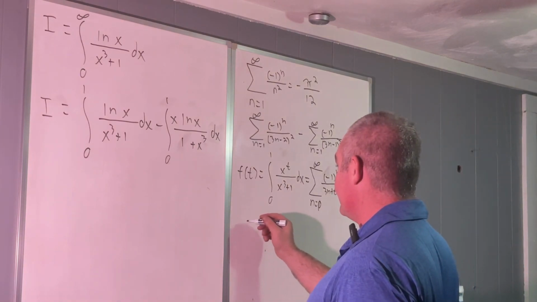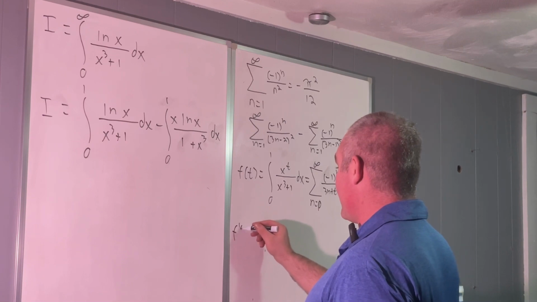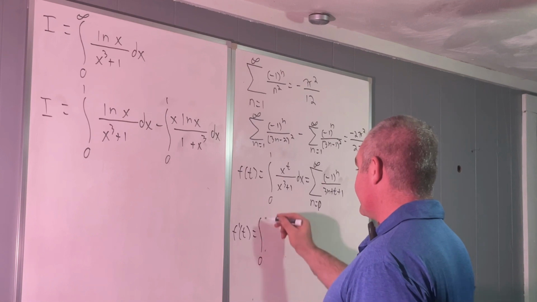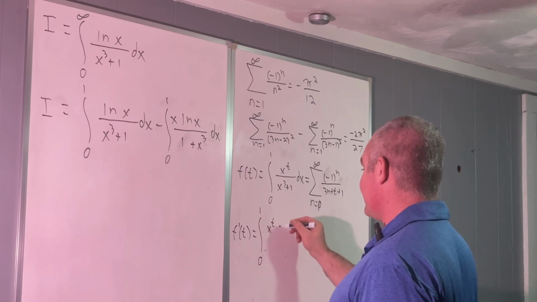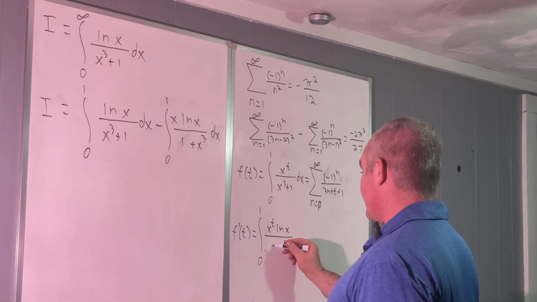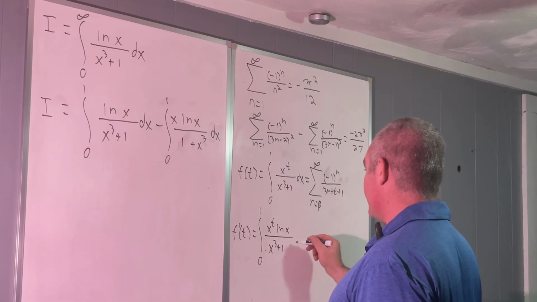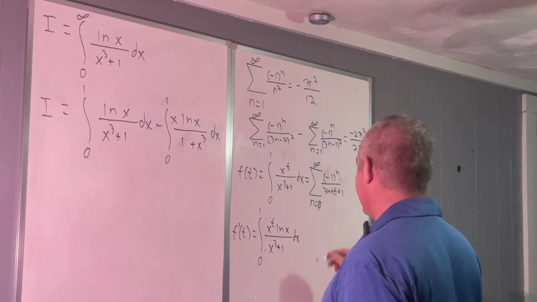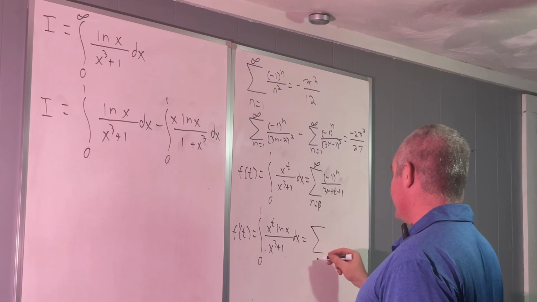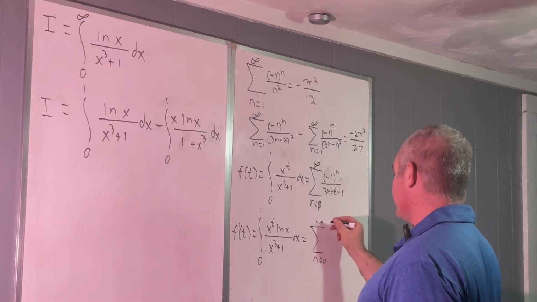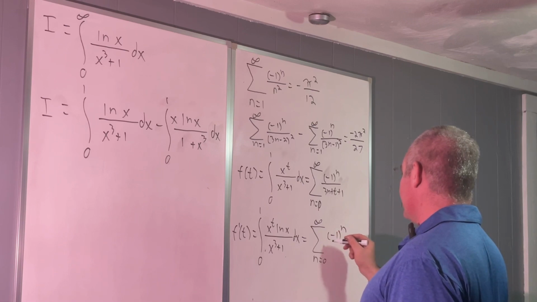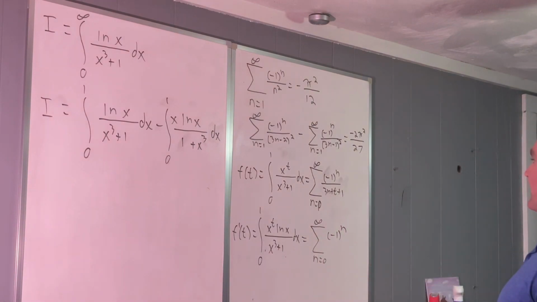So that means f prime of t is going to be equal to the integral from 0 to 1 of x to the t times natural log x over x cubed plus 1 dx. And it's also going to be equal to the sum as n goes from 0 to infinity of negative 1 to the n, and this is a 1 over 3n plus t plus 1.